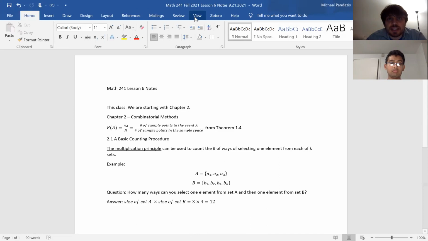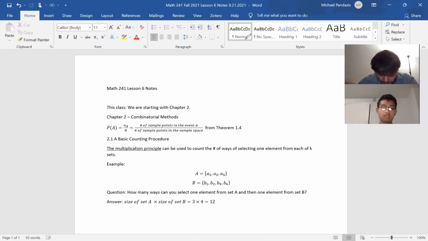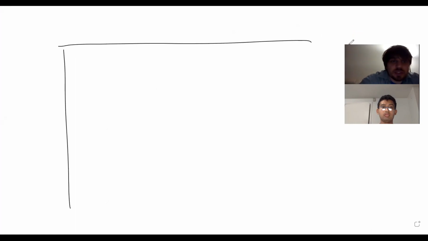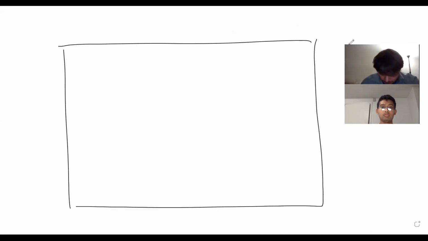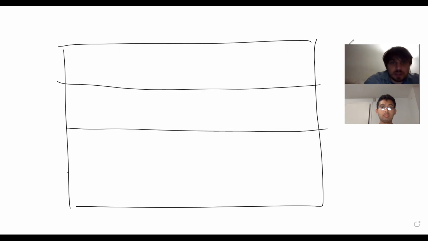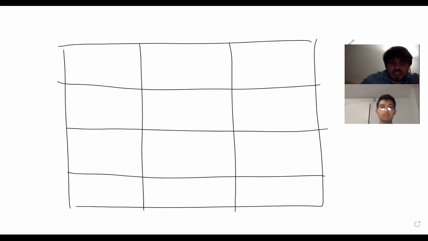Okay, so let's look at the whiteboard. I'm just going to illustrate for you what's happening here. If we draw this grid, we have 4 rows. Rows are horizontal, so I just drew 4 rows. And then there are 3 columns.